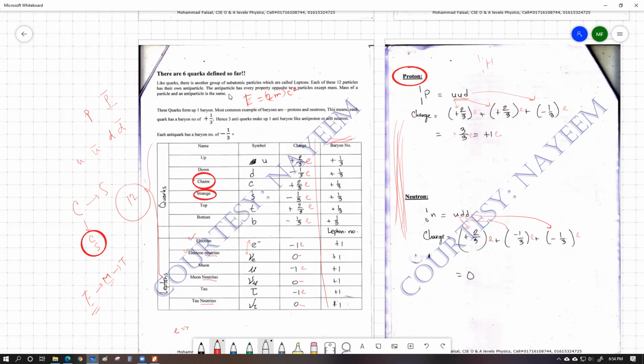Full stop. This process is called annihilation. That's the appropriate pronunciation, but it spells like A-N-N-I-H-I-L-A-T-I-O-N.